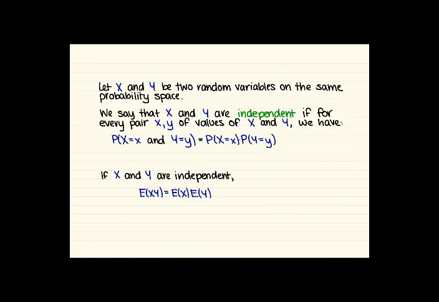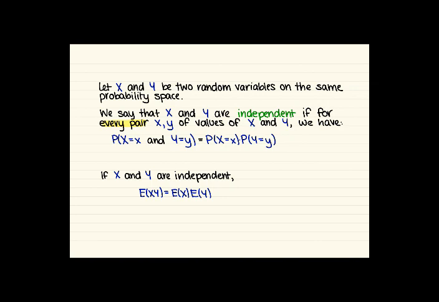That does happen in a very special case, which is if they're independent. Our definition of independent for random variables is that the probability that X is x and Y is y, for any pair of values for those random variables, no matter what values we're looking at, the probability that both those values occur is just equal to the probability that X is x times the probability that Y is y.